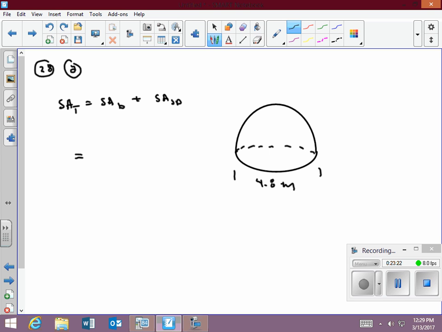So the area of the base is pi r squared. So the surface area of the base is pi times 2.4 squared plus this formula is 4 pi r squared, but it's half of that, right?